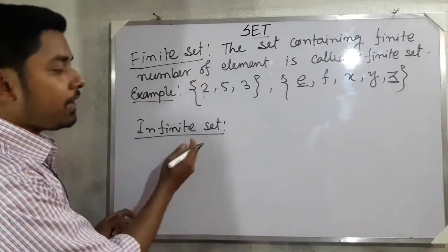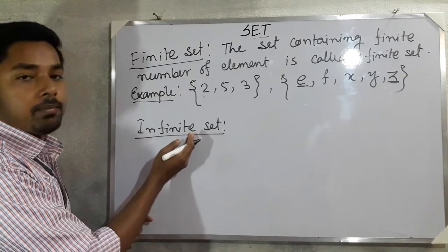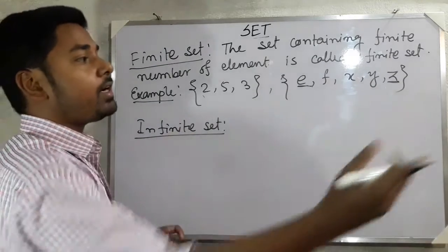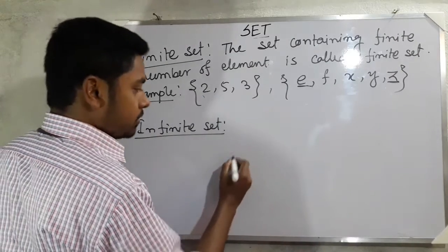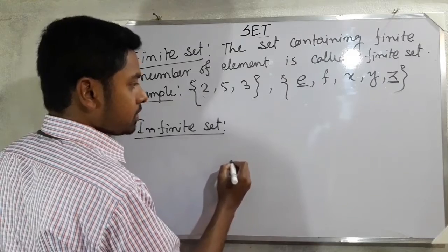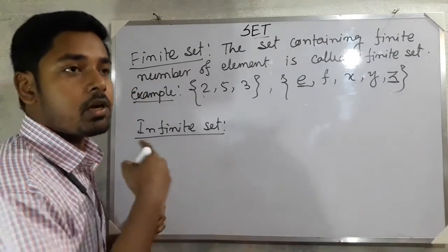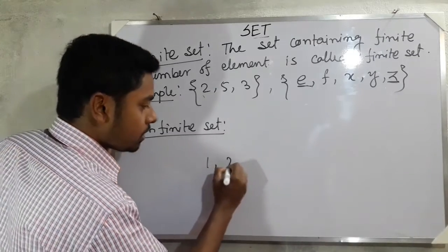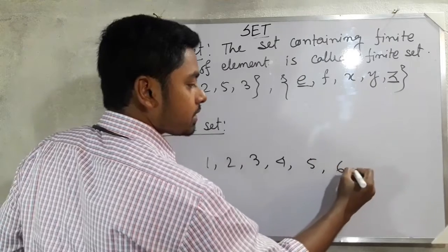And the infinite set. Try to understand from the meaning of the term. Infinite means an infinite number of elements, uncountable. Suppose the set of natural numbers, that means all natural numbers: 1, 2, 3, 4, 5, 6, dot dot dot.